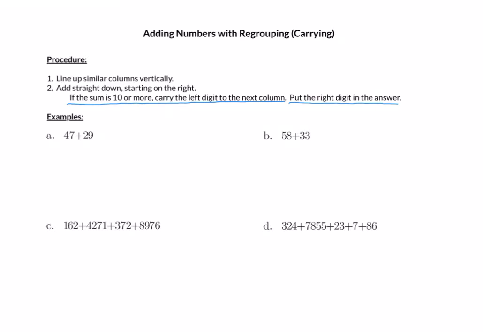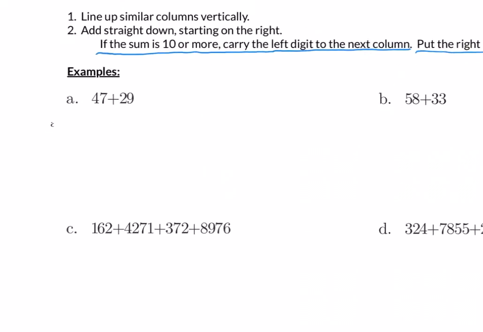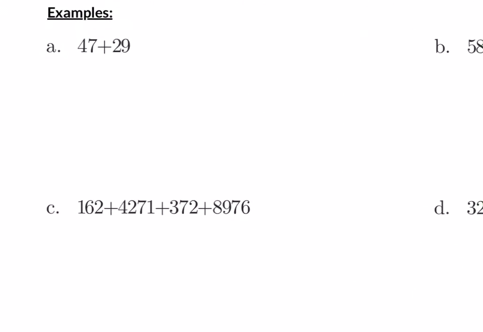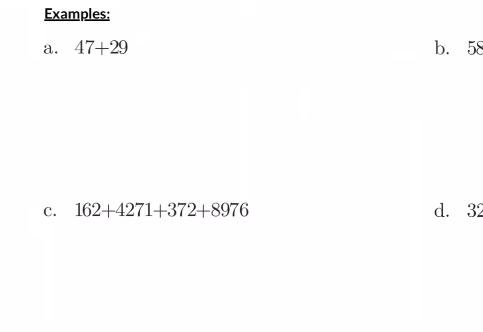Okay, so let's go ahead and look at some examples. Example A, we have 47 plus 29. So I'm going to line up vertically. We get 47 plus 29. Starting on the right, I have 7 plus 9 is 16.